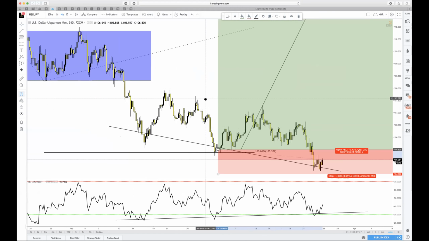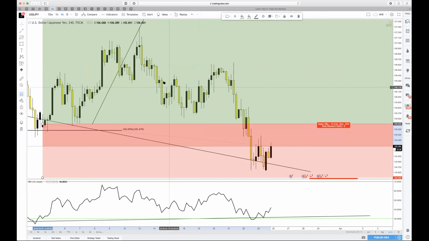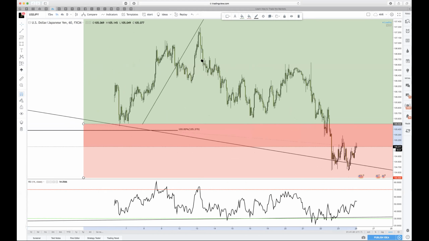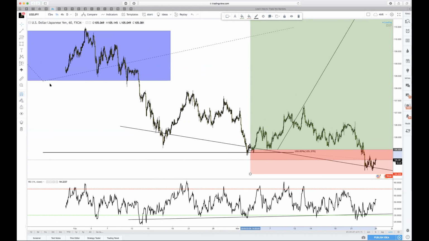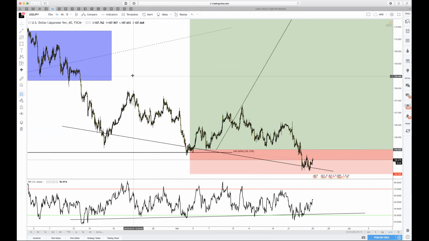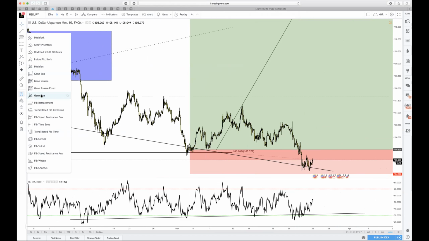So now on a 4-hour time frame, let me look into more. Okay, I kind of see it more. Chart. M1, 2, that's a divergence right here. Let's see this.